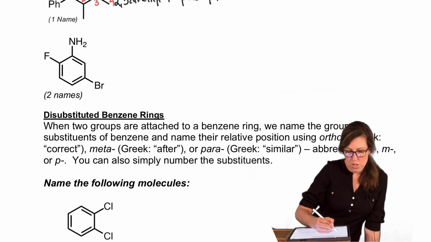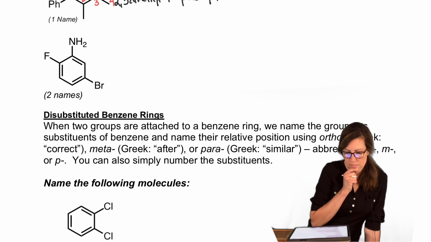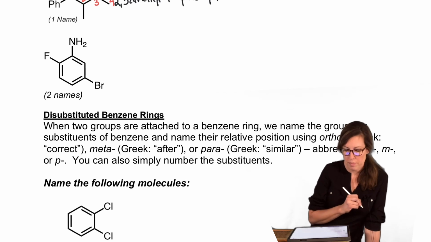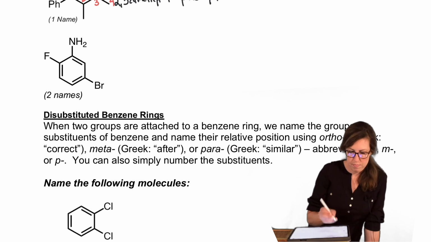If we want the name as a benzene parent, then notice we have fluoro, bromo, and amino. Amino, out of those 3, has the highest priority. We've gone over this list before. It's in your reader if you need to reference that. So that's the highest priority. That has to have carbon 1.